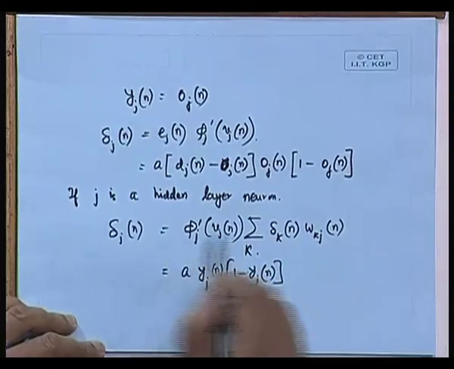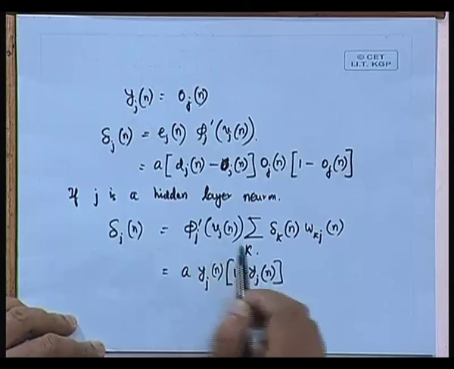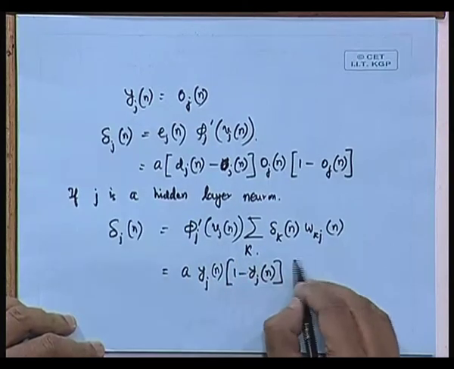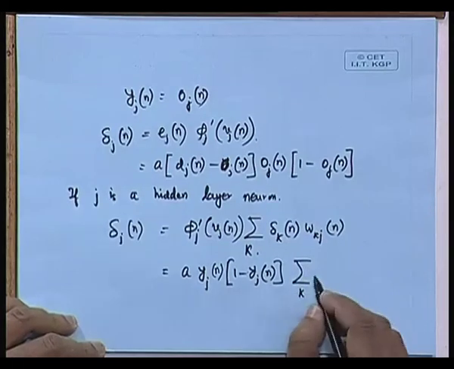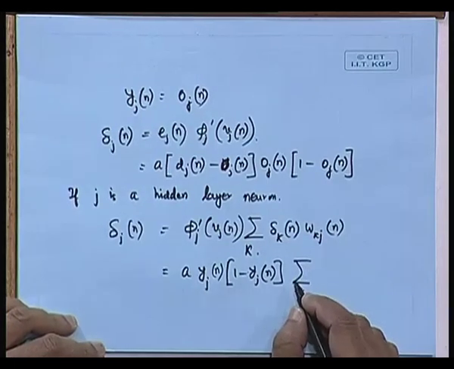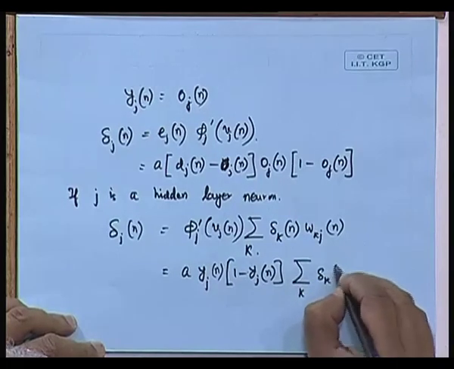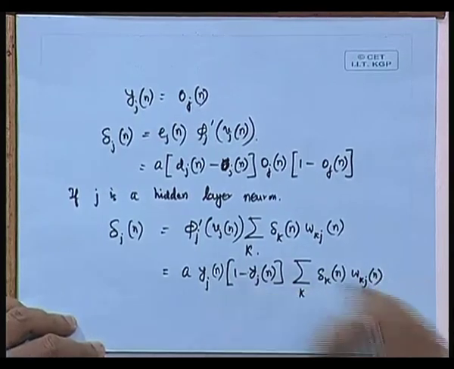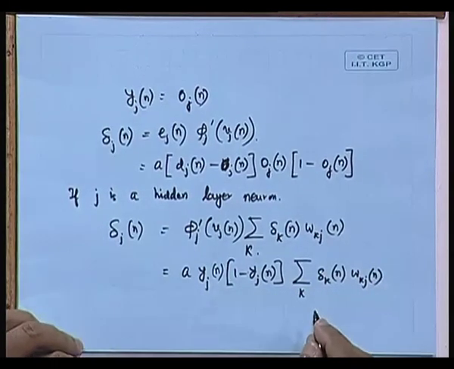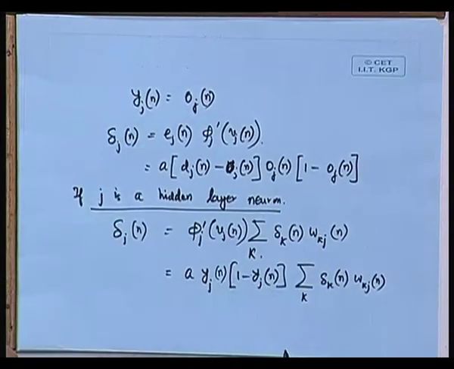That is the term that we are writing in place of the derivative of the activation function, and the weighted summation of all the local gradients at the output will remain as before. That means it will be summation of delta k n w kj n, summed over k, and this is for the case of a hidden layer neuron.